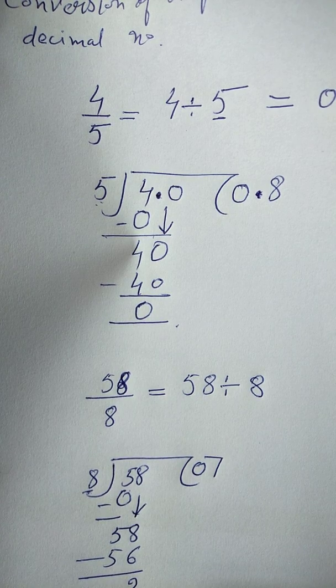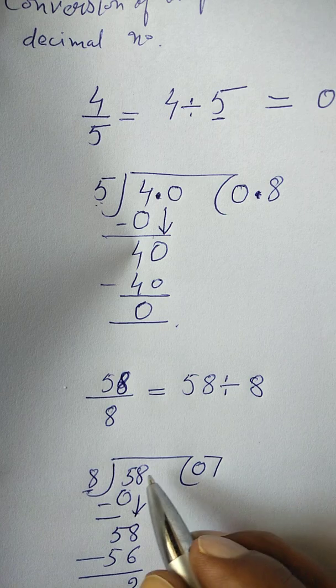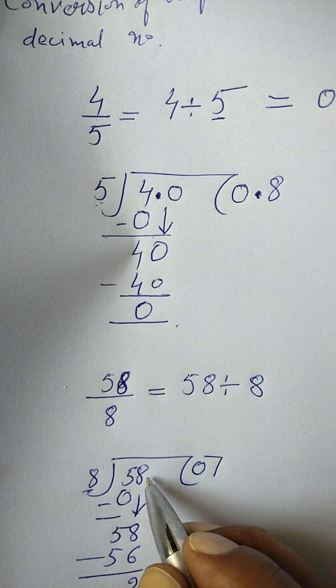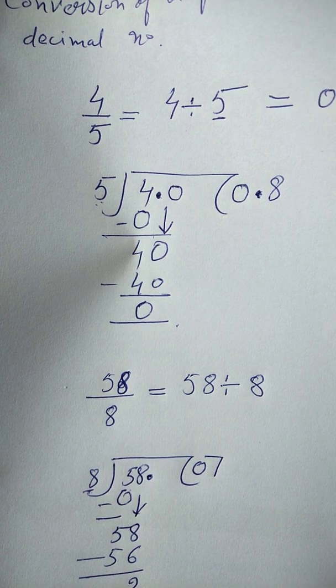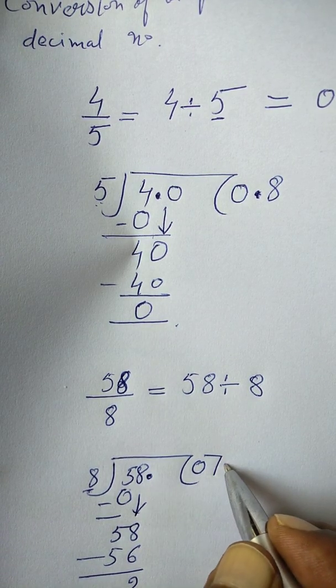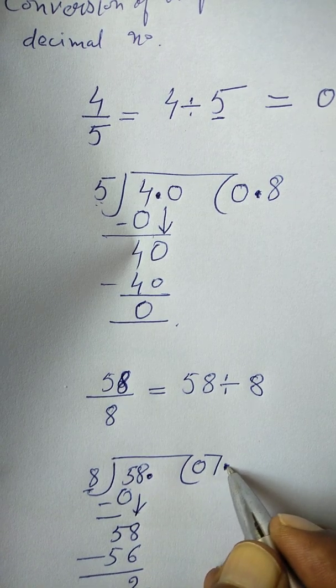If a remainder is left, put the decimal first here in the dividend, after this it is the turn of decimal now, and insert this decimal in the quotient.